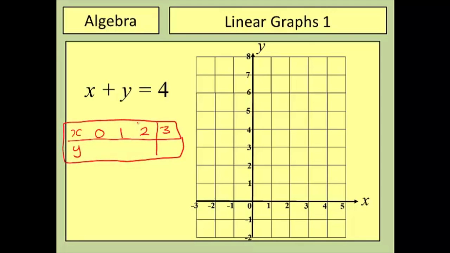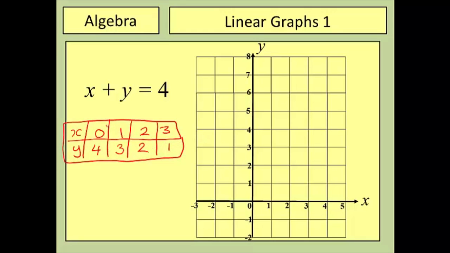Now what the equation says is that whatever x is, when you add it with y, you get the total of 4. So if x is 0, there's only one number I can add to that to create a sum of 4, and that's 4. When x is 1, I add 3 to it to make a total of 4. When x is 2, y must be 2, and when x is 3, I'm going to add 1 to it to make the total 4.